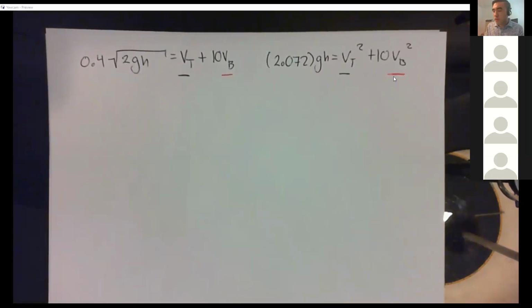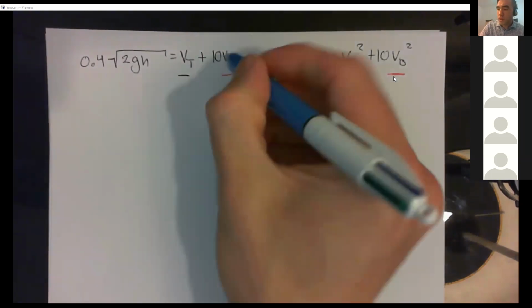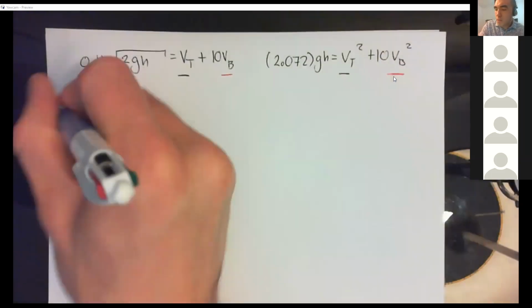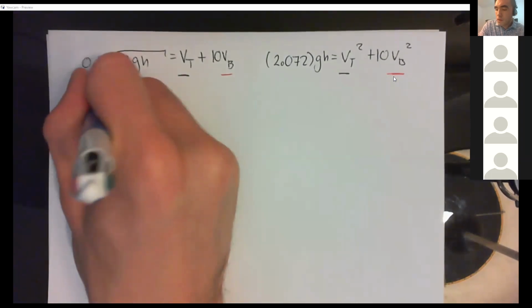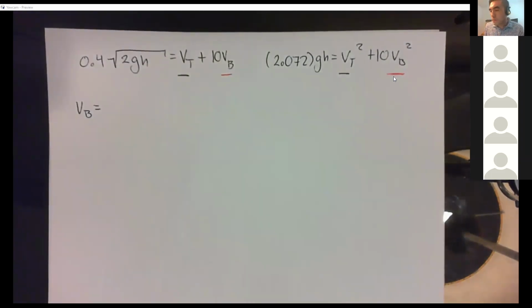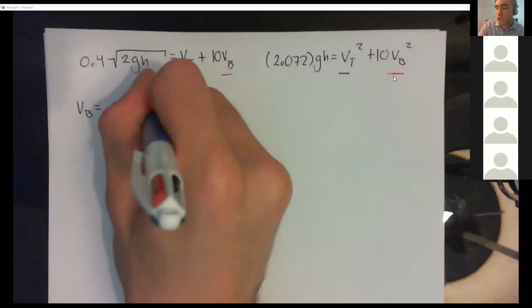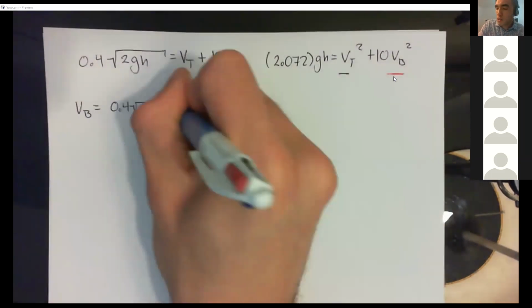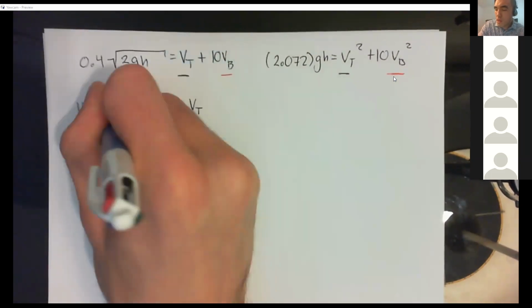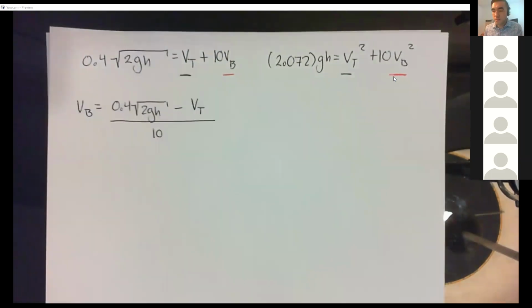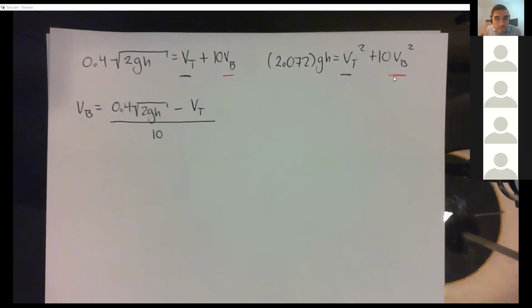So here I'm going to solve for VB. So this is going to say VB is equal to 0.4 root 2GH minus VT, then divide everything by 10. Does that look good? Mm-hmm.